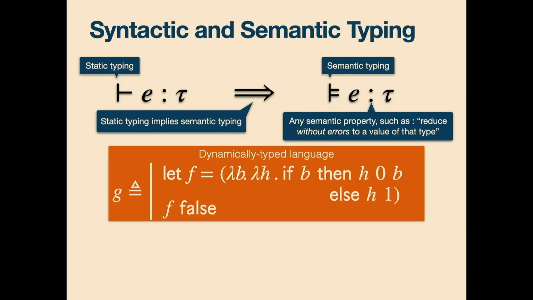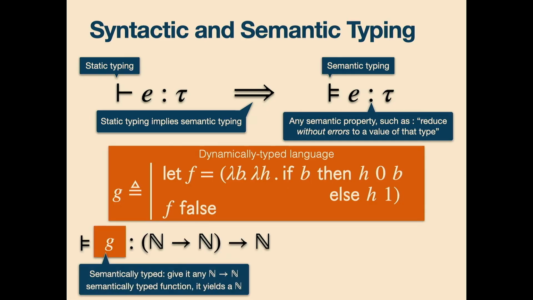Then we're going to apply h with 0 and this Boolean with true, and otherwise we are going to apply h with just one argument, which is 1, and then we are going to apply f to false. Of course this is a perfectly valid program, and in fact it is semantically typed to this type. So given any semantically typed function from nat to nat, we're always going to return a nat without errors, given that the function that we receive as argument is also semantically typed.